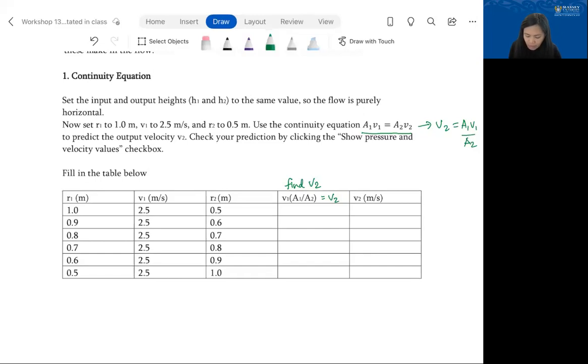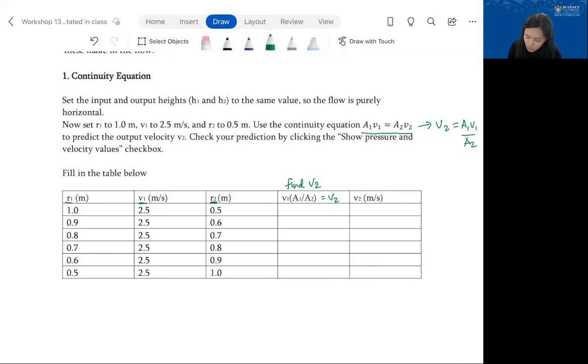We want to find V2 for these parameters. We're given the original radius of the pipe, R1, and the original speed in that part of the pipe. And then we are given the new radius. That means we change the cross-sectional area of the pipe, and we want to find V2.